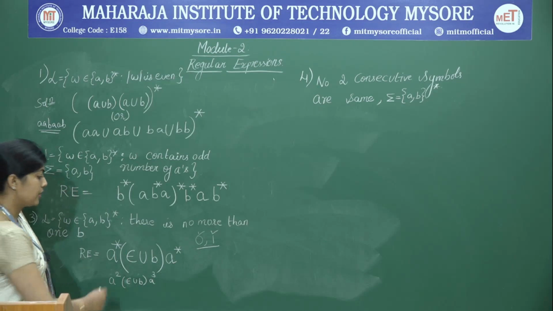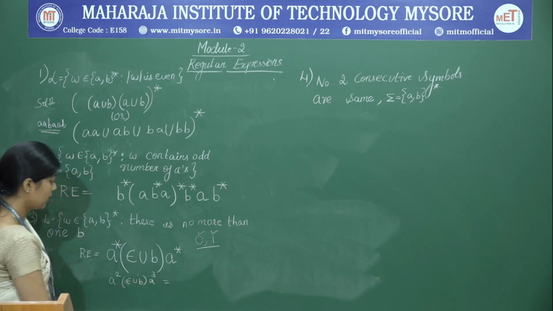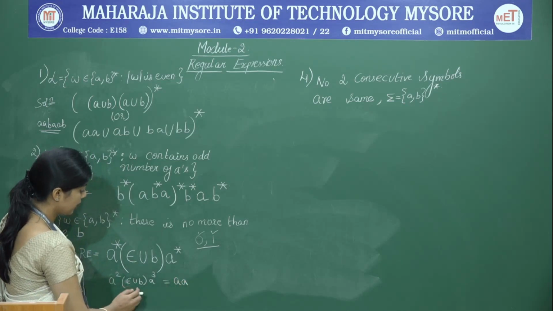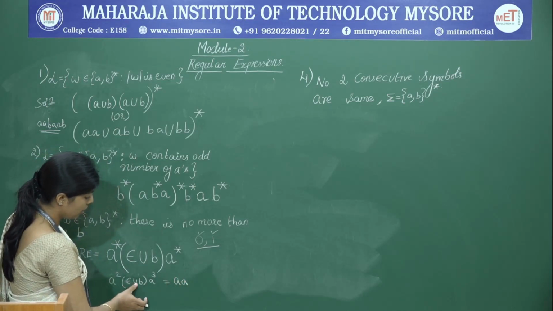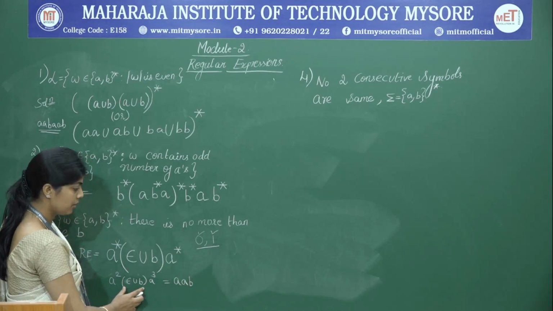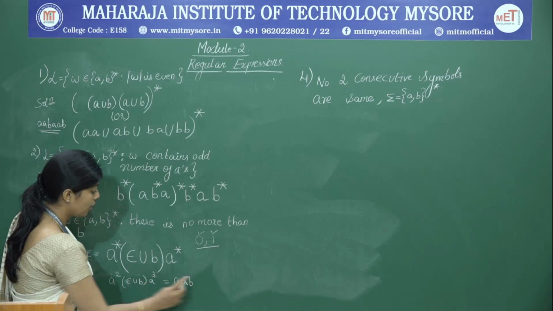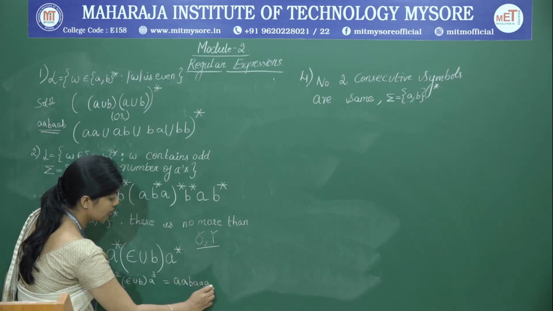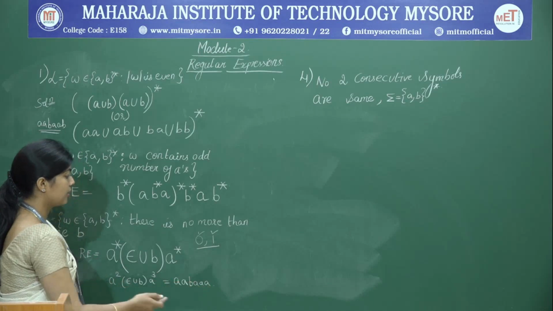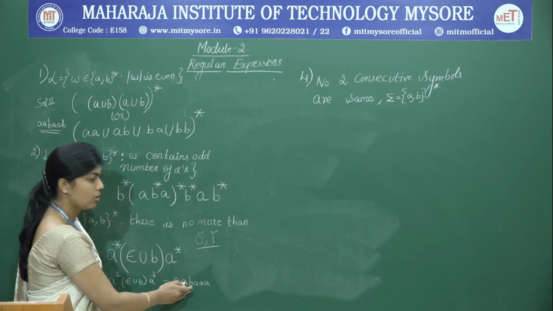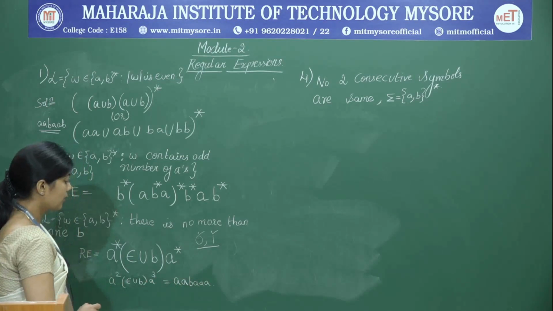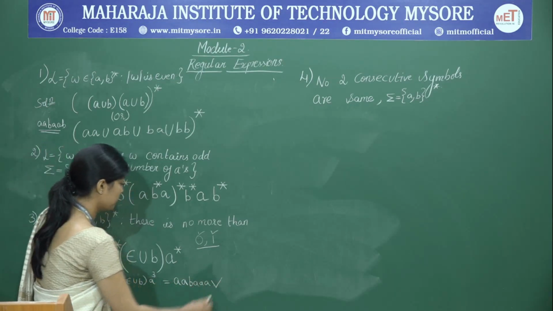A square will always give us 2 A's. After that, it can be followed by epsilon or B. I choose B from the brackets, and A cube is going to give me 3 A's. So, when I choose this string, I see that there is at most only one B in the entire expression. So this is a valid string.